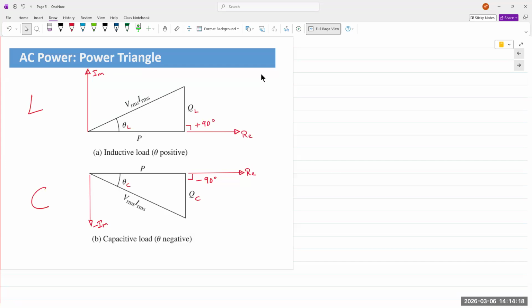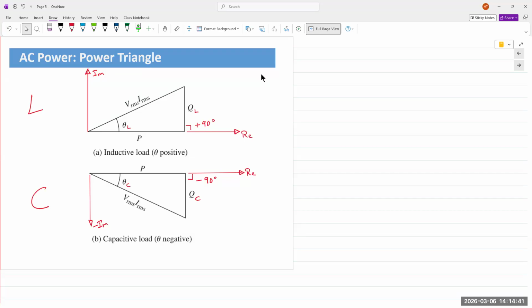Now, in an inductor, voltage always leads the current, right? So current lags by 90 degrees. So the impedance angle for an inductor, and hence the power angle for an inductor, is always plus 90. So QL is always pointing straight up.